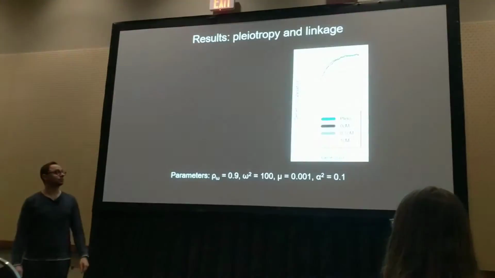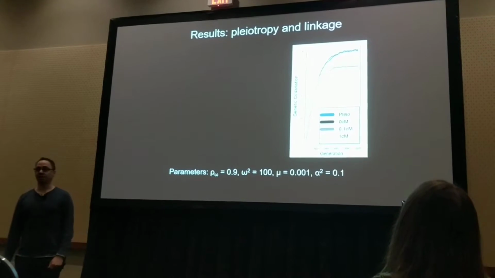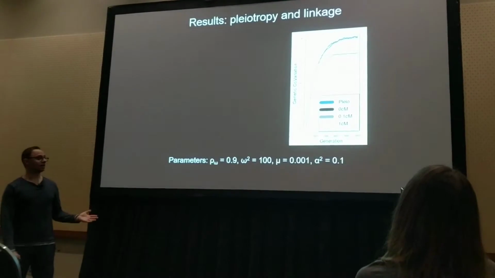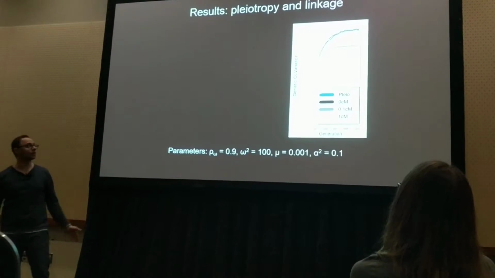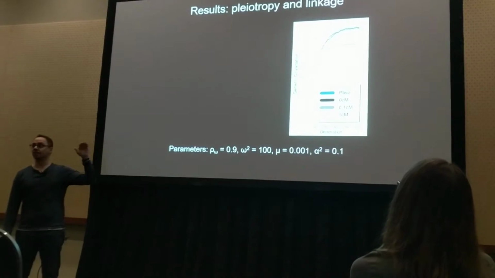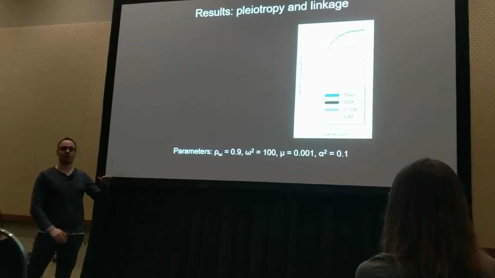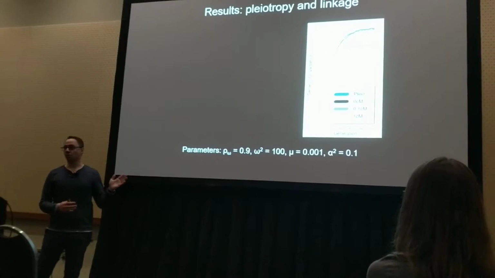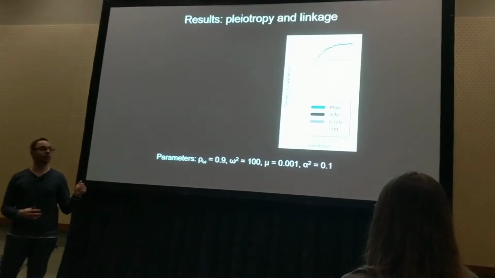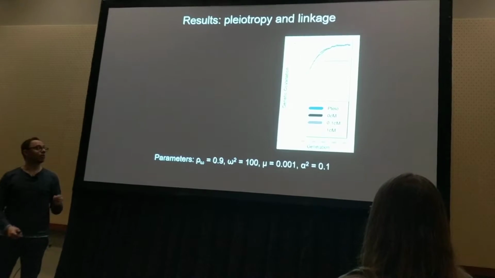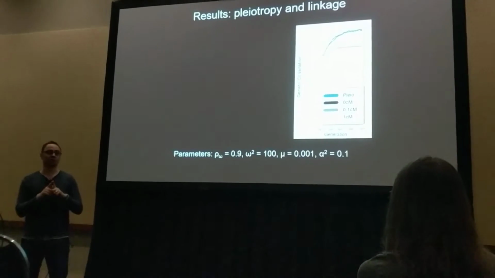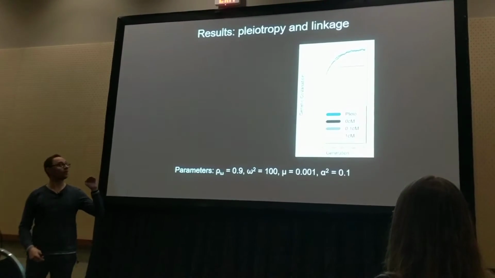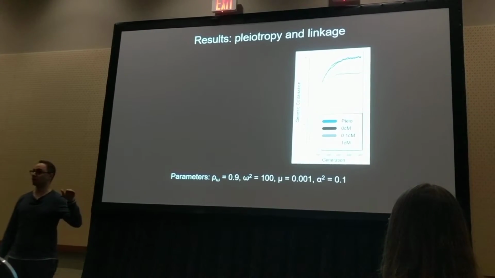So what did I find? Well, what you can see here is first that over the 10,000 generations, the populations go from very low genetic covariation up to some equilibrium value. They seem to level off. The two main things you can take from this chart are, one, that the pleiotropic architecture and the completely linked architecture maintain almost the exact same genetic covariance.